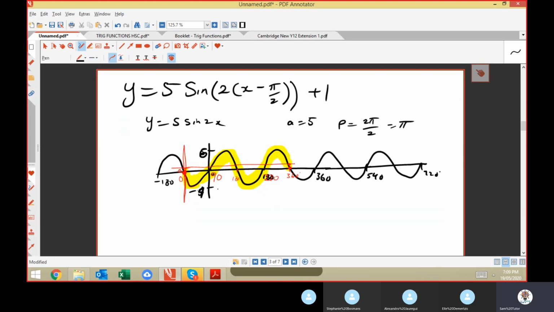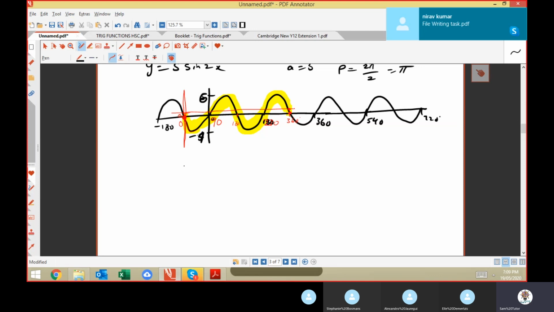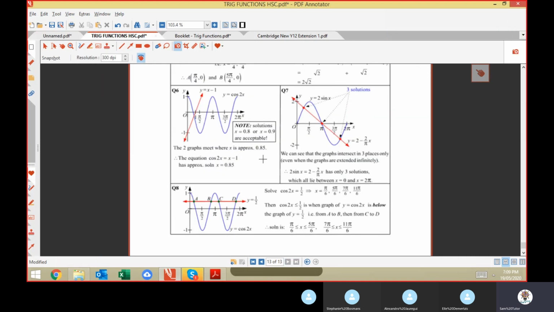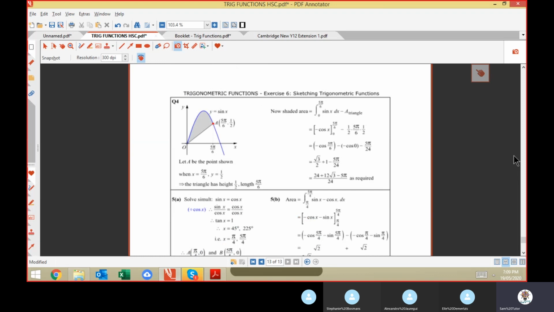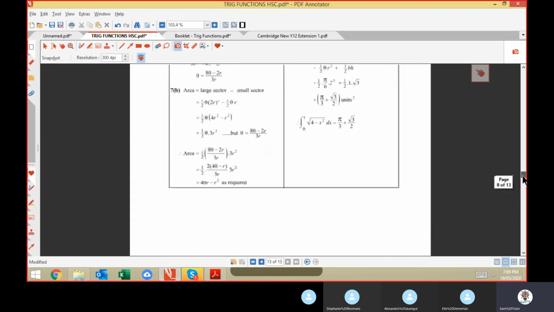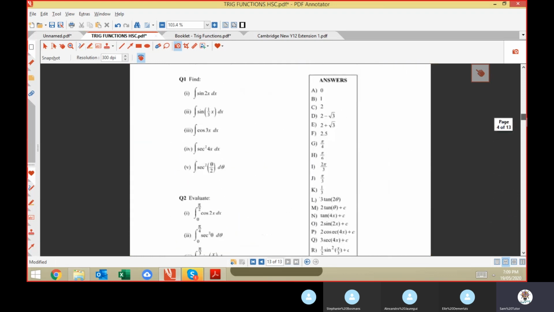It's a lot easier that way. If you want to redraw it, you can. I think you guys got the idea. Okay, that's that done. Let's look into some differentiation and integration of this.